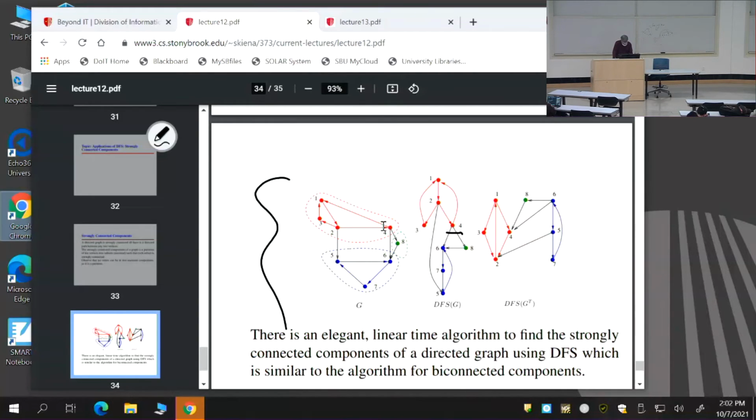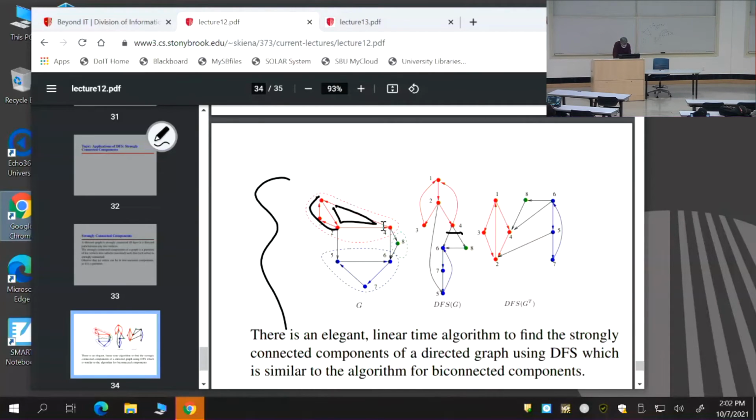For this DAG, there were 3 strongly connected components: red, blue, and green. The structure of them basically was, we found a cycle. In this case, my directed cycle was, let's say, ka-chunk, ka-chunk, ka-chunk. And then I added it with a path on there, and that's what made that component.